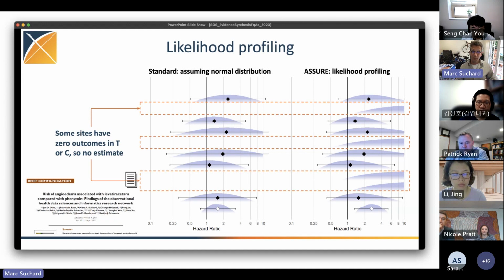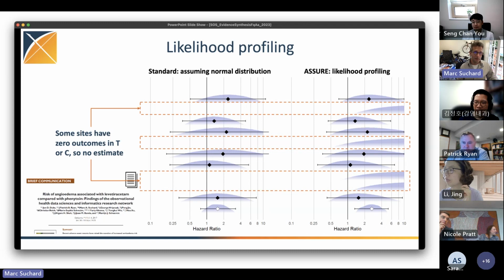So we weren't able to report the point estimate and the confidence interval. And in constructing our meta-analytic estimate, we had to throw out all of that information, where you can see that it actually provides a little bit of information about where the tail is.